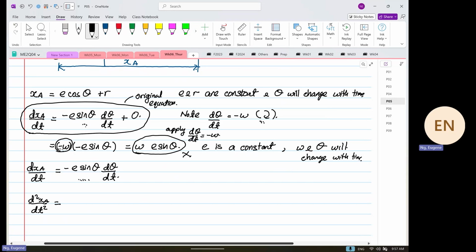So from here, we have minus e sine theta, and then you have d squared theta over dt squared, plus, now you differentiate sine, you still get minus e cos theta, and then you have d theta over dt twice.